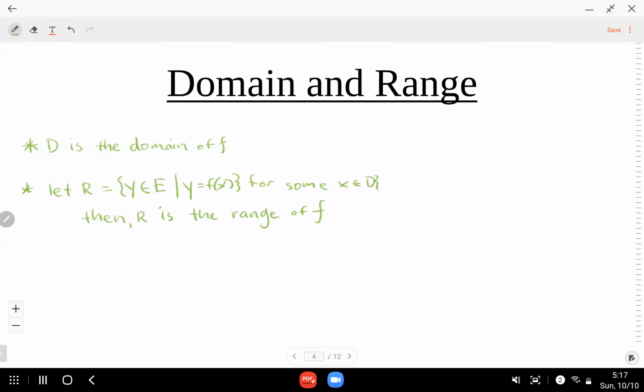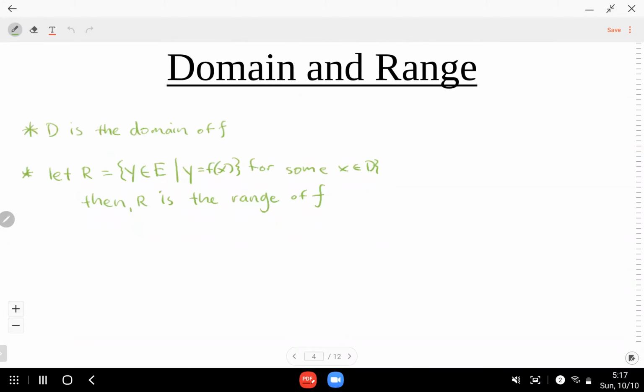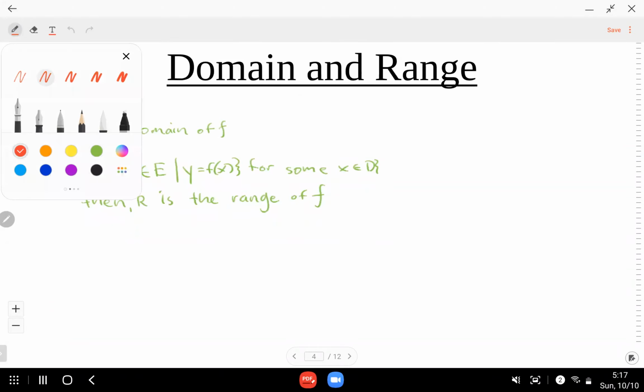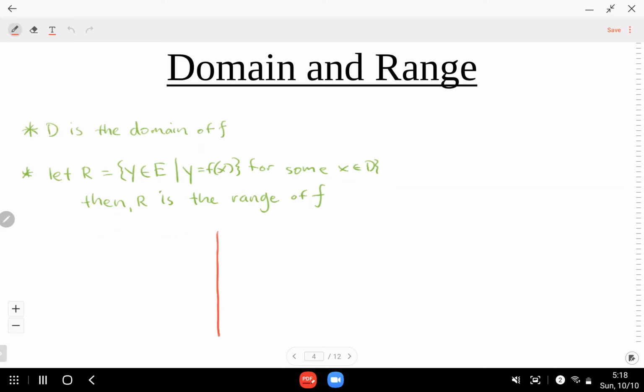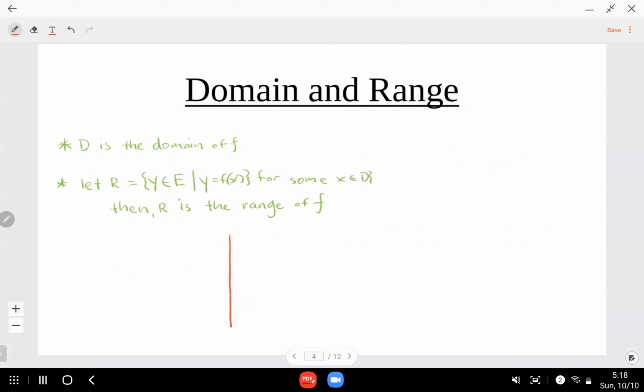So let's do some exercises. Basically, since D is the domain of F, that means D is all the possible x values.